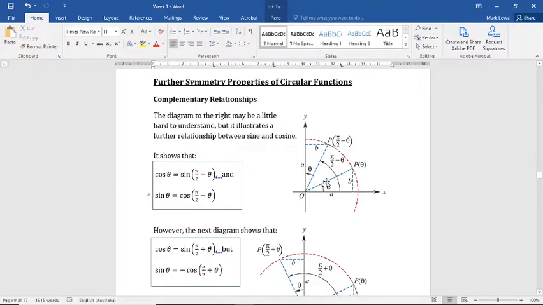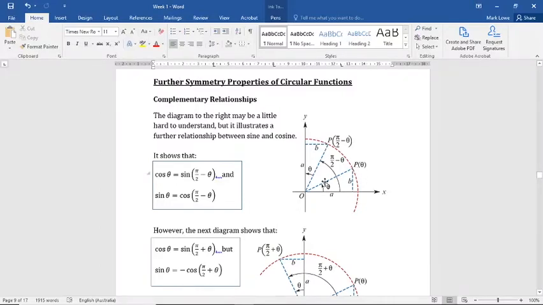If we've got our angle theta at this point here, and we look at sine, this y coordinate, or this distance to that point there, is the same as pi on 2 minus theta, this distance here.